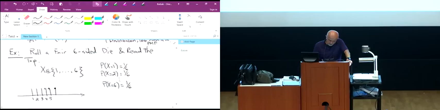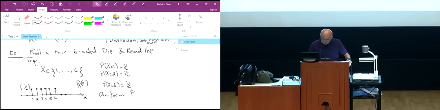Okay. Notice I'm putting zeros elsewhere because the value of the probability mass function is 0 elsewhere, and it's 1/6 at each of these lollipops. This is a uniform probability mass function or distribution.